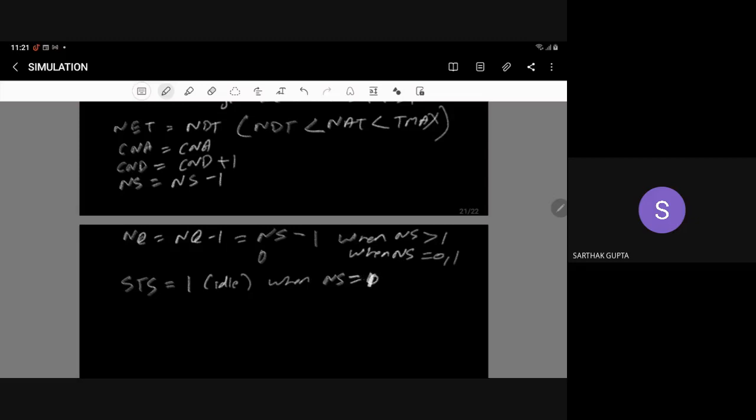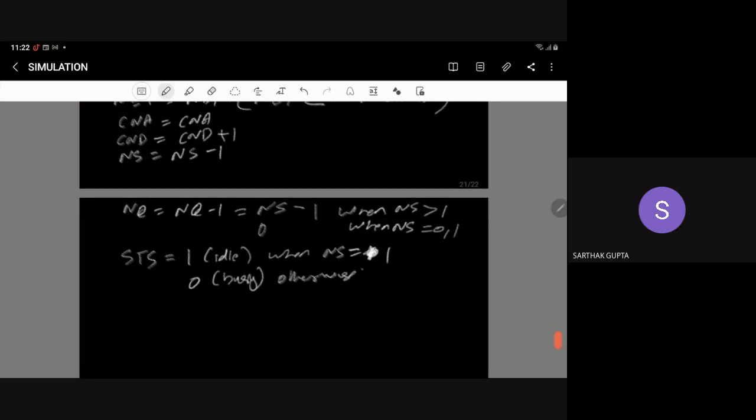Old NS equal to 1 means there is one customer and you have provided the service. So whenever you have provided the service, the server will become idle. Otherwise, it will remain 0. 0 means busy.